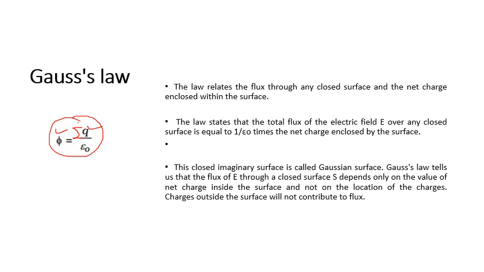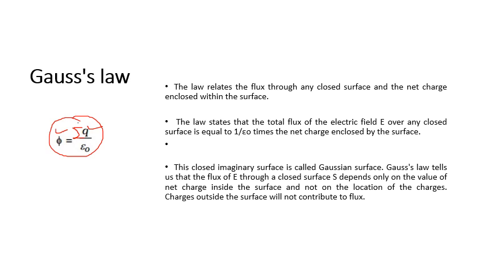This law states that the total flux of electric field E over any closed surface is equal to 1 upon epsilon 0 times the net charge enclosed by the surface. The closed imaginary surface that we have assumed and termed as Gaussian surface should be closed.